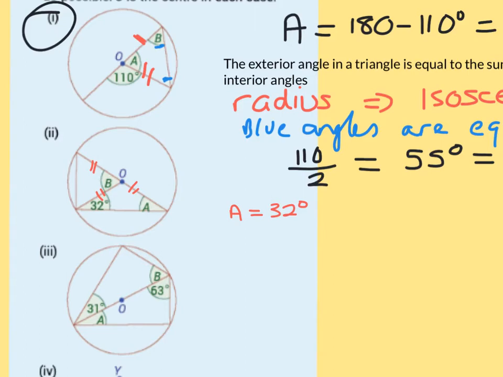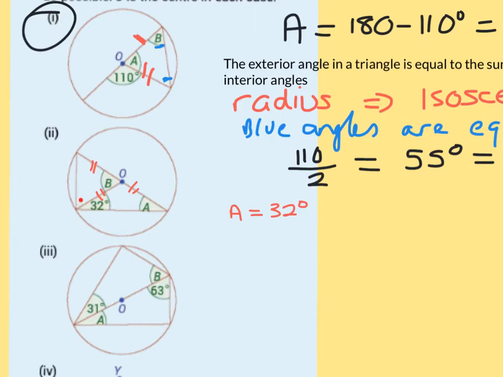Now, you can go ahead if you wanted to and find out what this angle here is, subtract it from 180 degrees and then get angle B, which is probably what a lot of you did. You could also use our knowledge of the angle standing at the centre of the circle being twice the angle on the same arc.